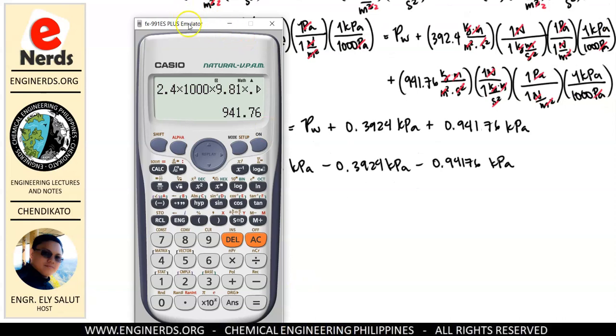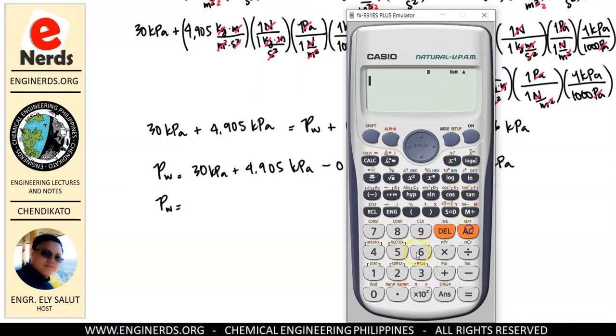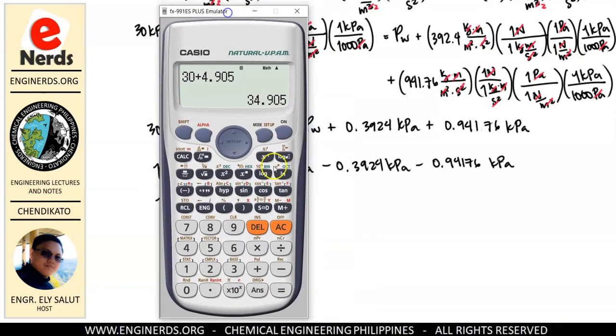So we have 30 plus 4.905. Then we will subtract itong dalawa. Minus 0.3924 minus 0.94176.